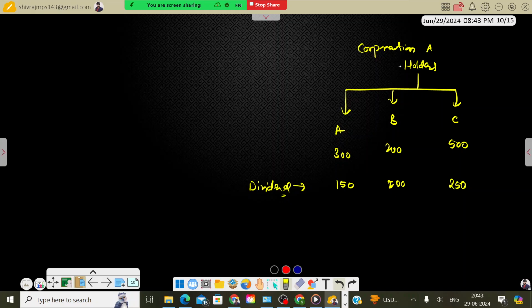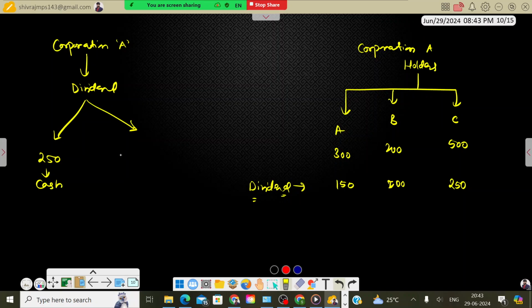So now let's say Corporation A has decided to give you an option, meaning the same dividend event, the company wants to divide in a way that, let's say, the company has set the target: the company will offer 250 rupees in cash, and the company will also give 50 rupees worth of shares.